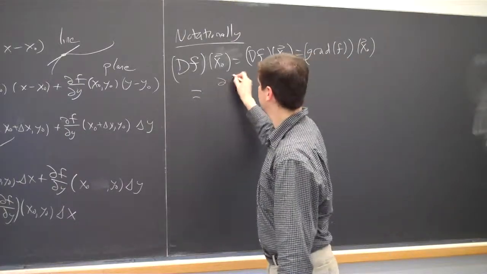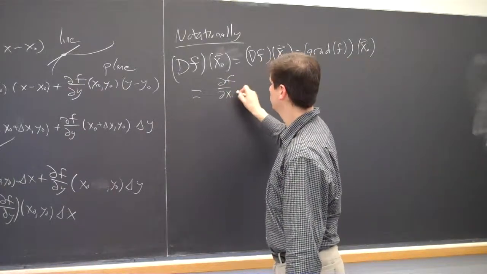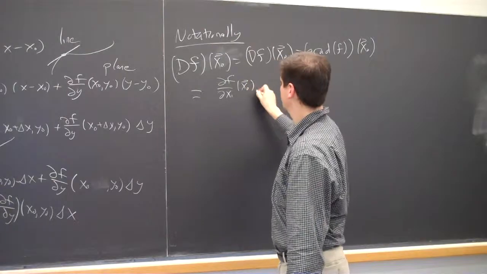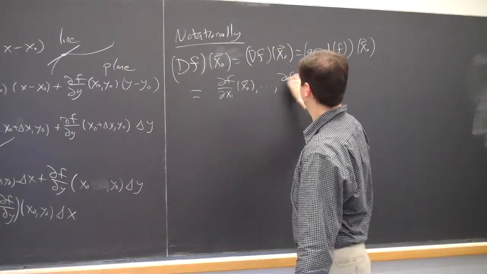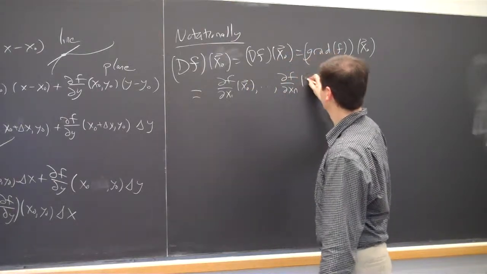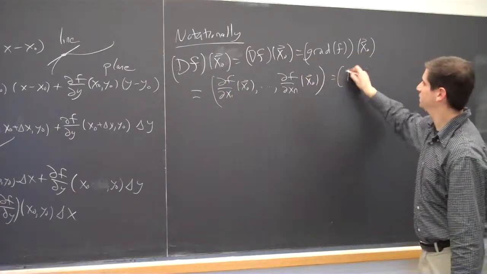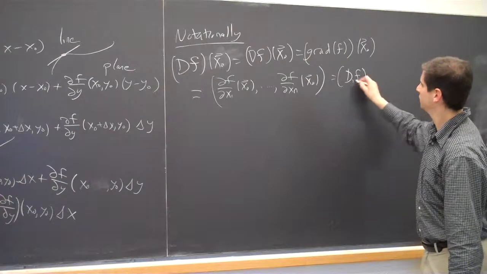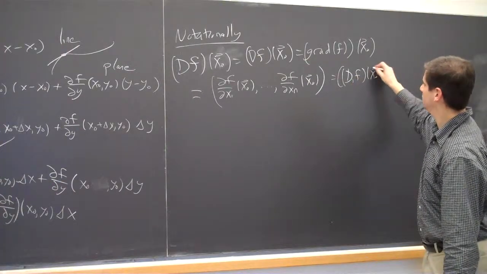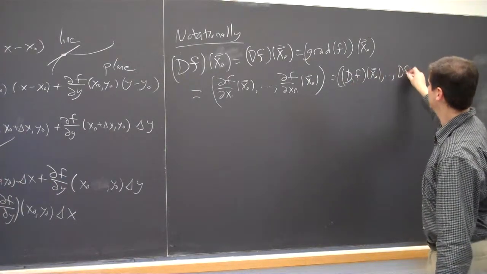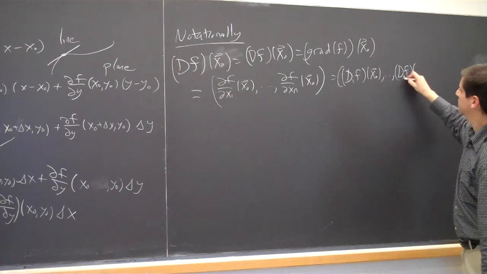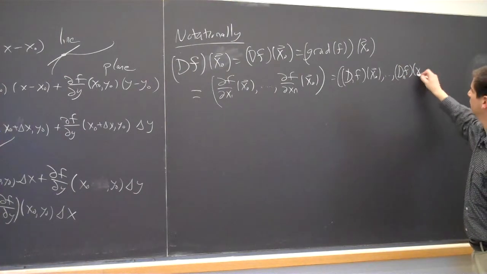And you can even write it as df dx1 at x naught, dot dot dot, df dxn at x naught. Or some books prefer to write d1f at x naught, dot dot dot, dnf at x naught.